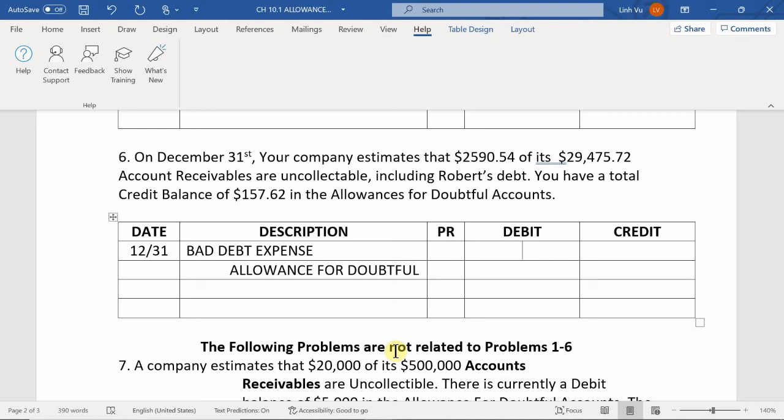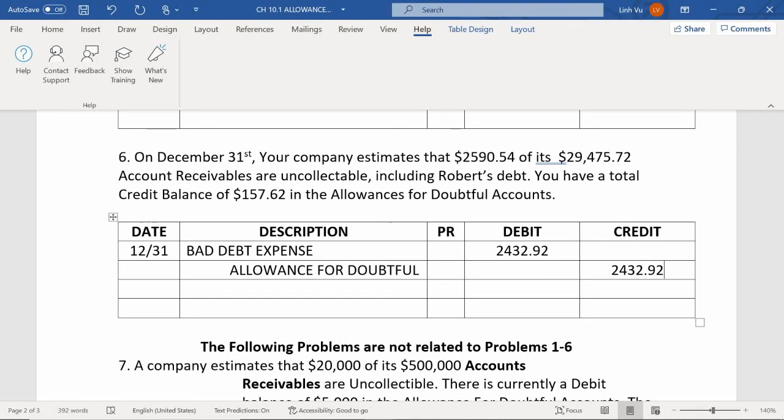Correct. So how much is that? 2432.92. Yes, 2432.92 is correct.